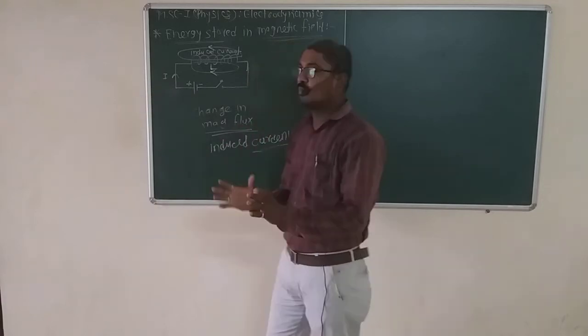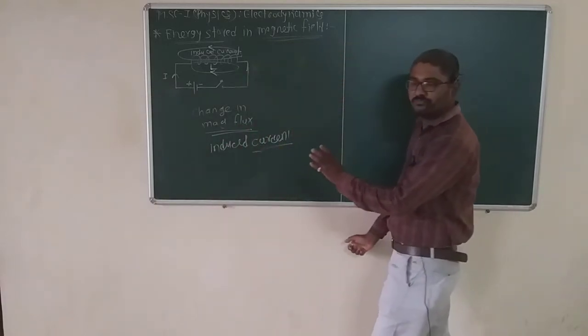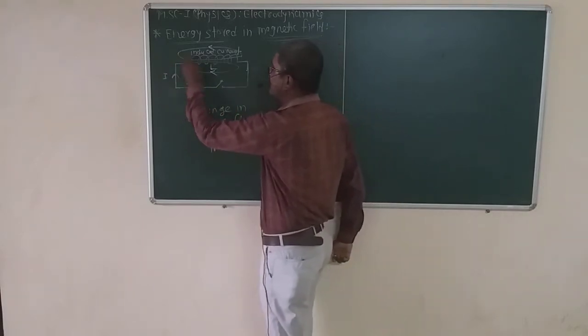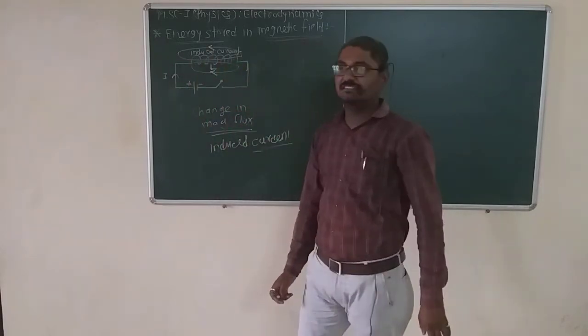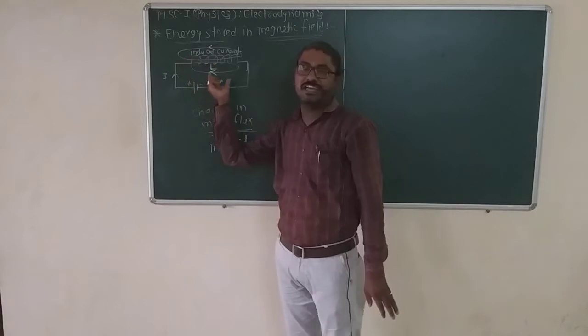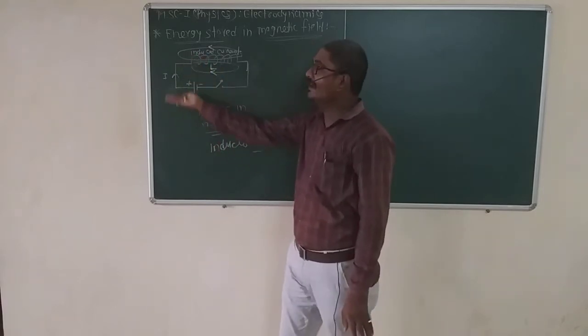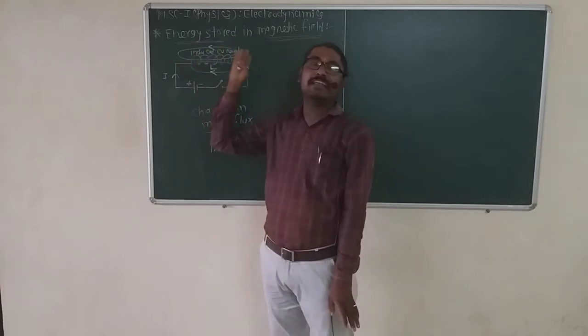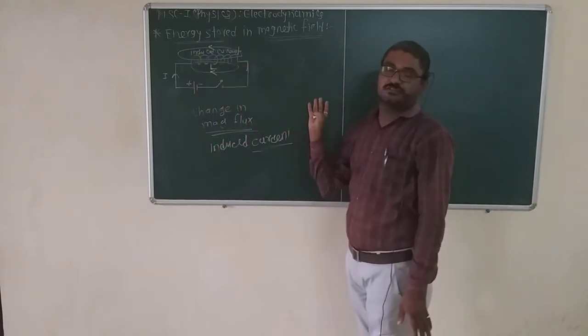The working is this: when the switch is on, current is passed through the inductor, then a magnetic field is induced in the coil. Then the current will be increasing, so the induced magnetic field will be changed.